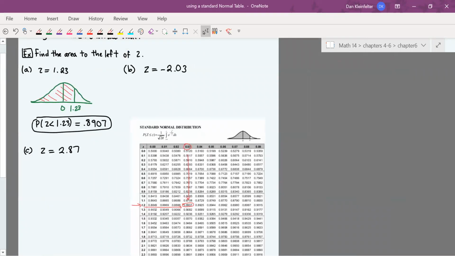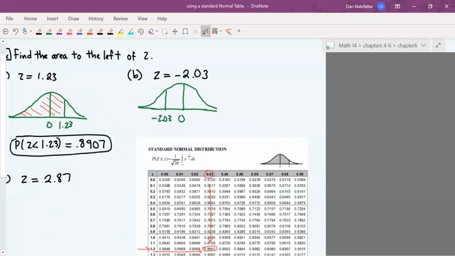Okay, so now we wanted to find the probability that z will be less than negative 2.03. So this will take us some thinking. 0 is again at the center. Negative 2.03 is about here.